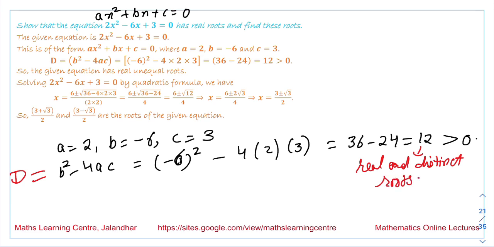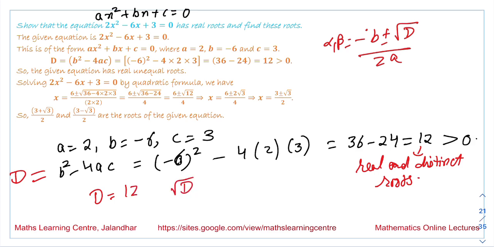Now to solve this equation, we know the formula: alpha and beta, the roots we are talking about, are minus b plus minus square root of d by 2a. The value of d is 12. So square root of d is square root of 12, which is equal to 2 root 3.